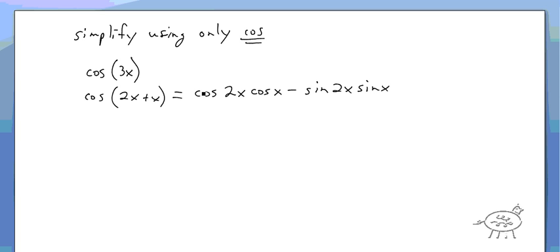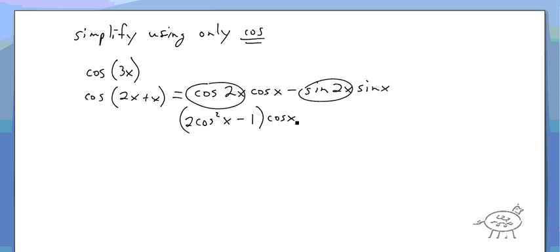And then each one of these are double angles, and now I can apply my double angle formula. I'm going to just leave it in terms of cosine here, and it's going to be 2 cosine squared of x minus 1 times cosine of x, minus 2 sine of x cosine of x times sine of x.